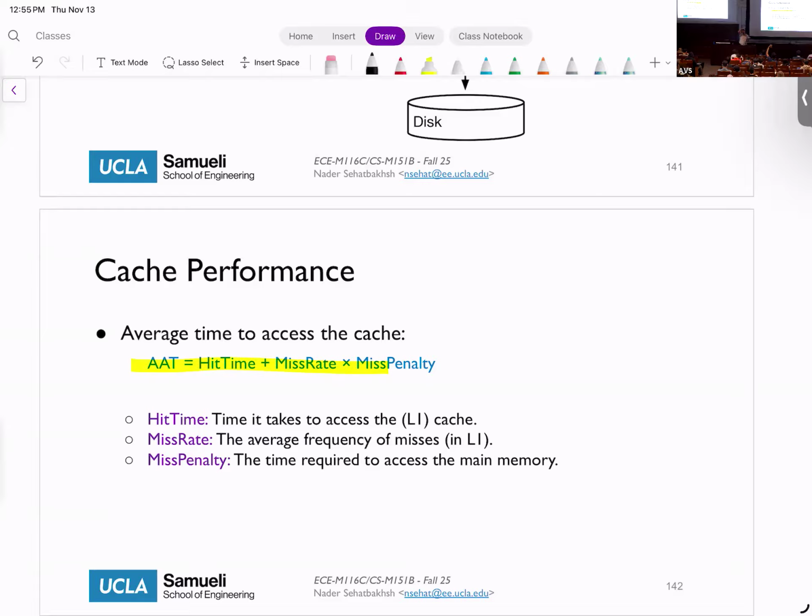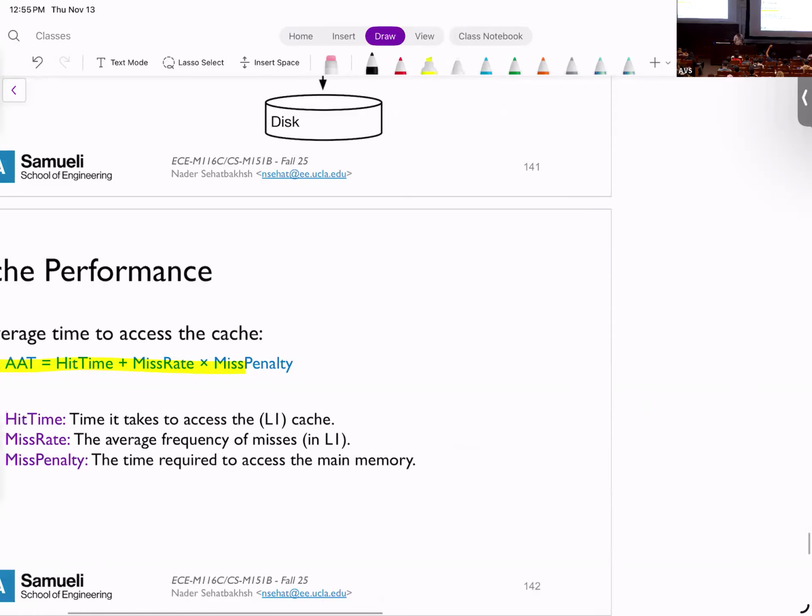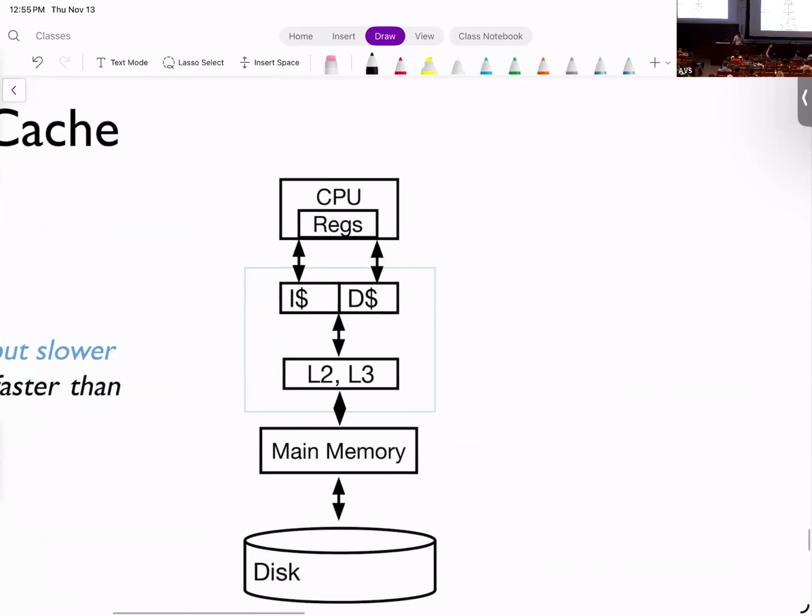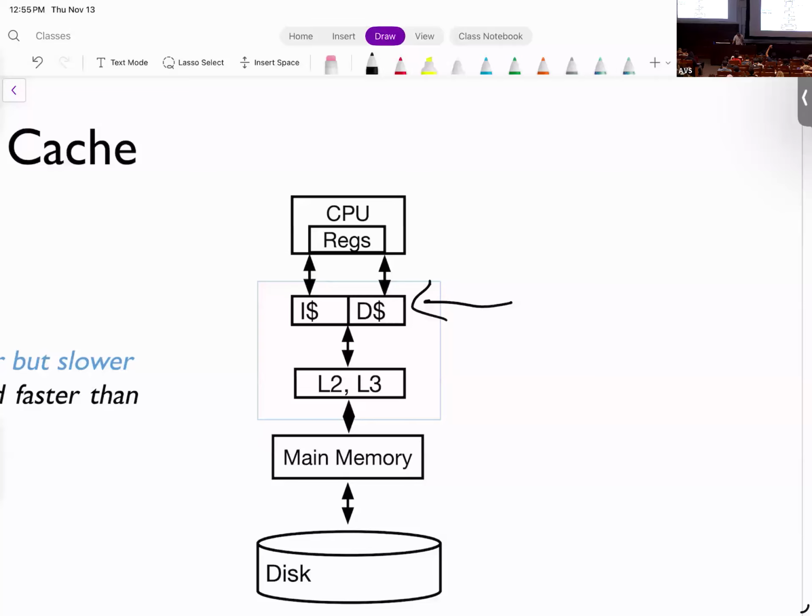The reason is that technology doesn't allow you to do that, because if I increase the size of L1, my hit time increases, the power consumption increases, and so on and so forth. That's why you usually design it with a smaller cache that has a very fast hit time, and then additional layers of cache that allow you to reduce the miss penalty.